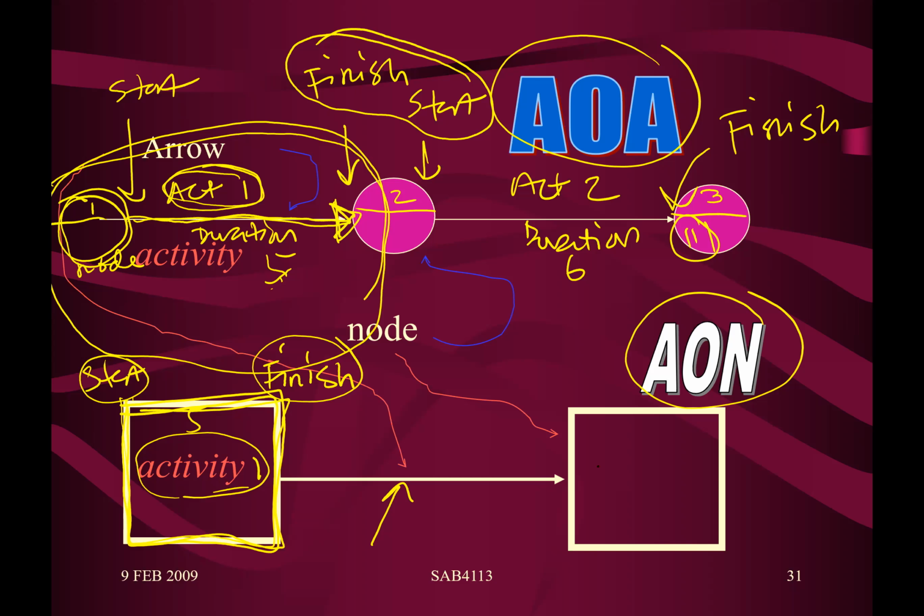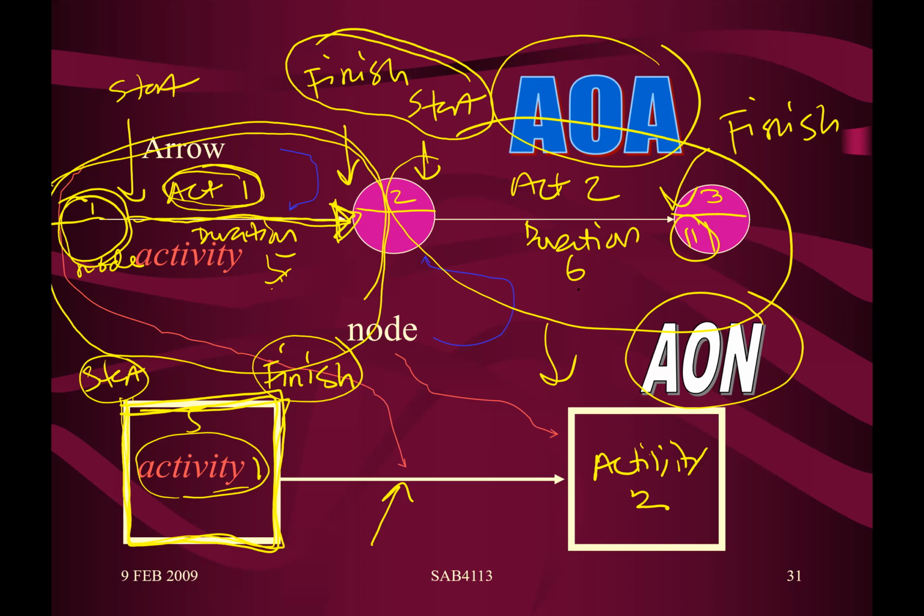You notice that this is activity B, activity 2. Similar to this diagram, we can show something like this. This is the start, this is the finish. And you notice that this wording here indicates FS, finish to start relationship. So the arrow is here just to show the relationship.